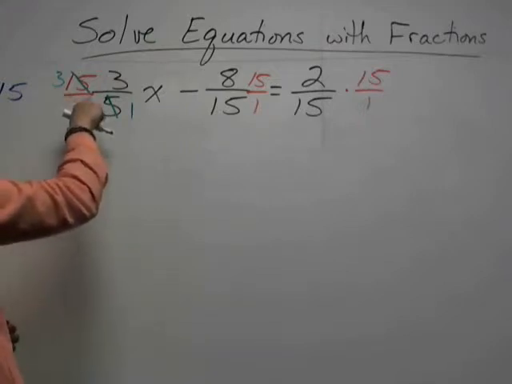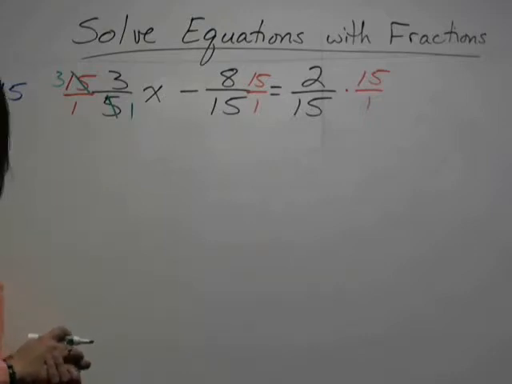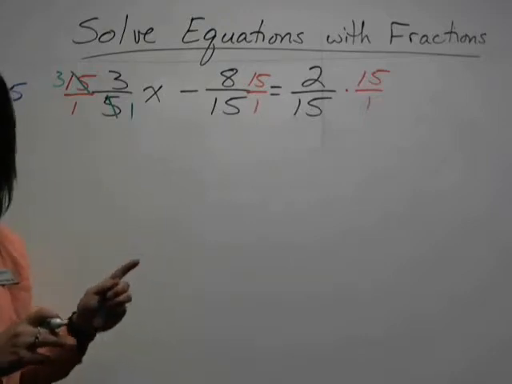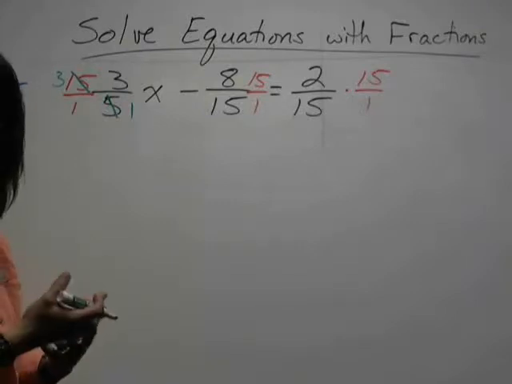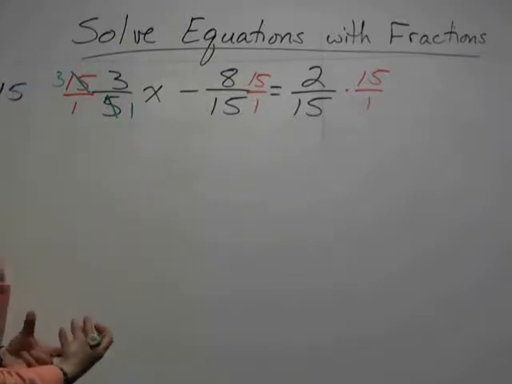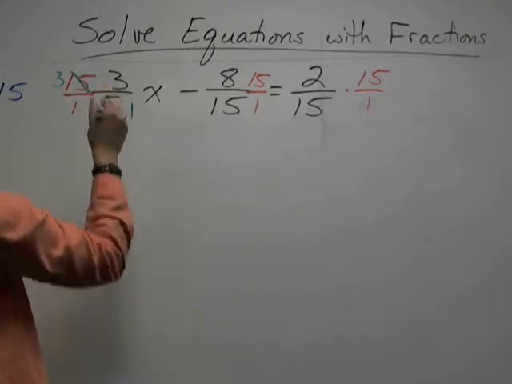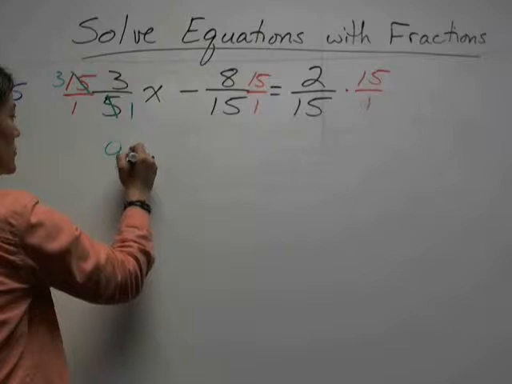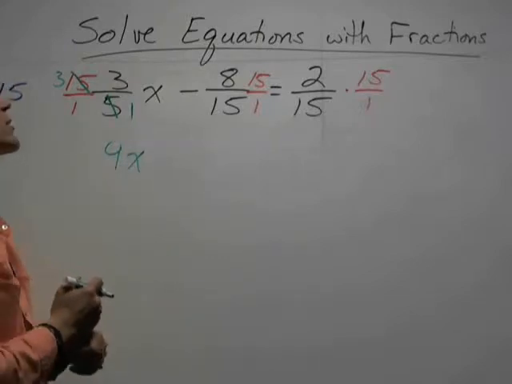Now I'm left with 3 times 3 on top and 1 times 1 on the bottom. Remember, when we have 1s in the bottom, that's a really good thing because that's a whole number. Whole numbers are written over 1. So I don't need the 1 if that's on the bottom. So 3 times 3, that gives me 9x. Don't lose my x. And I don't have a fraction anymore.